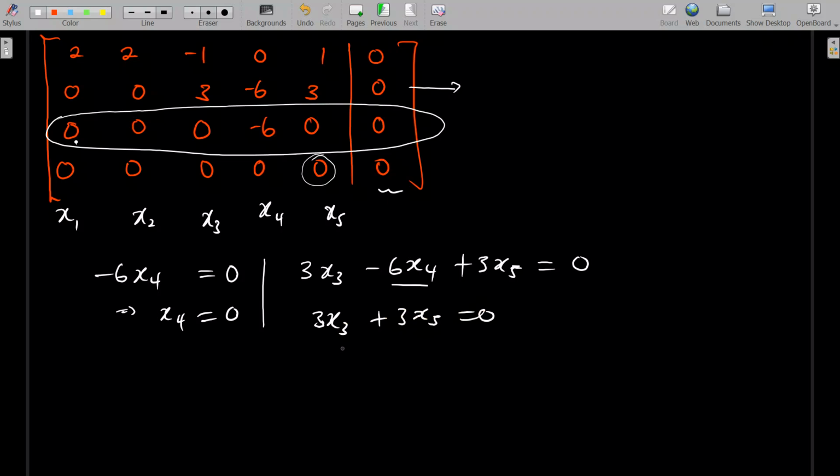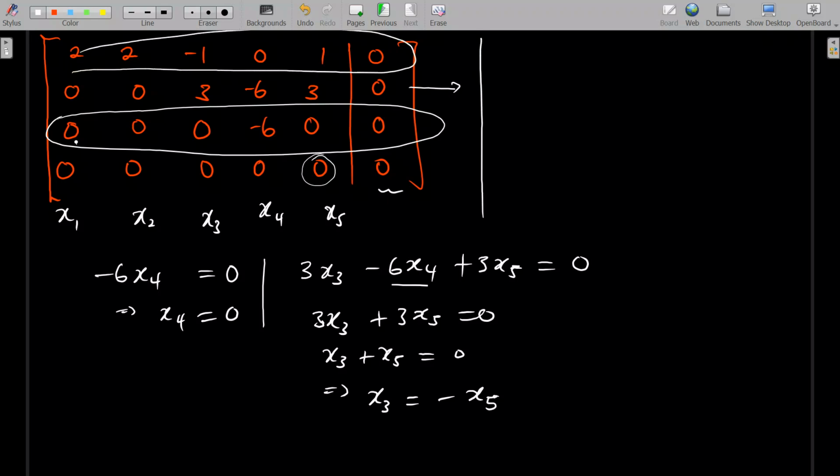If I divide through by 3, I'm going to have x3 plus x5 is equal to 0, meaning that x3 is equal to negative x5. Right, so we have x3 in terms of x5. Now on the other hand, we can also go to the first row. Okay, so we've used all the rows. Now the one that we did, we used this row.